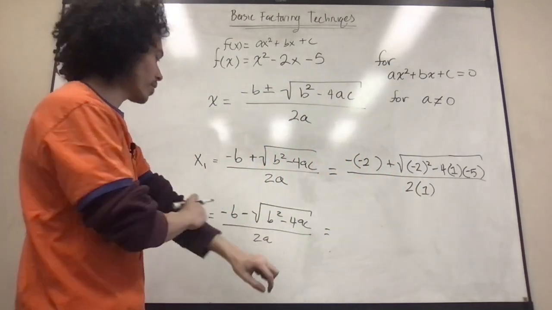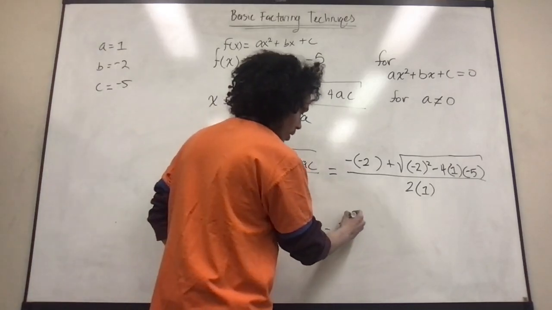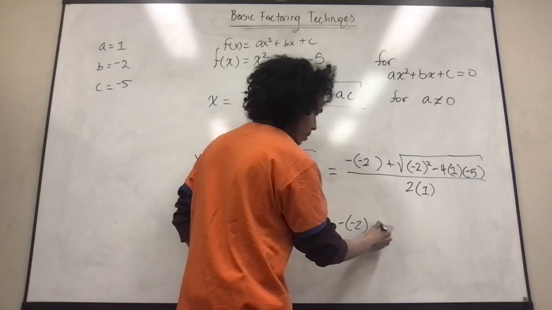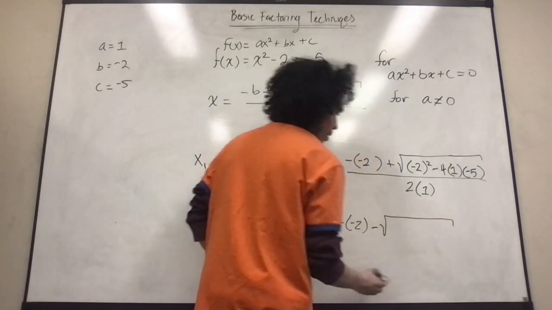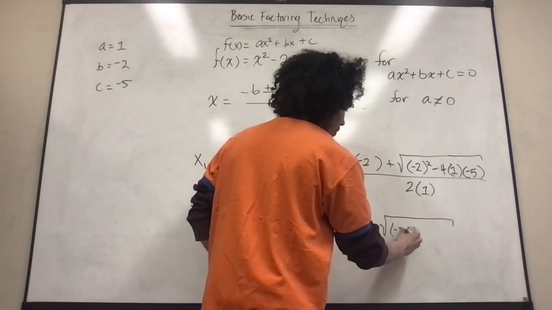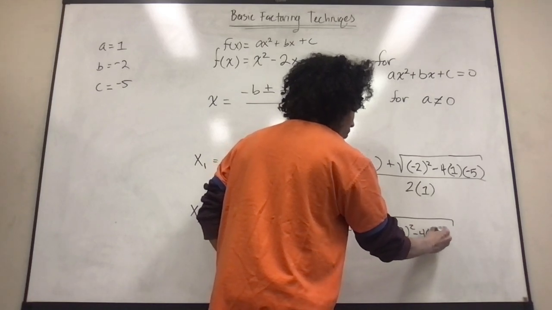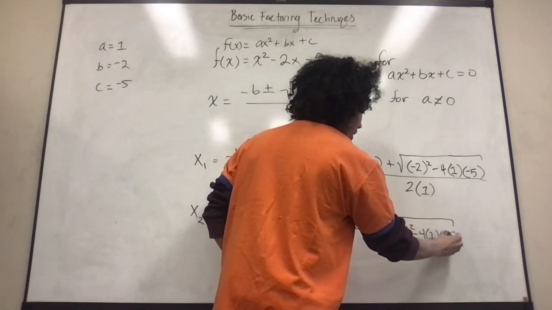Now we do the same thing for the bottom. So we do negative 2. Rather than put plus, put a negative. Negative 2 squared minus 4 times 1 times negative 5.